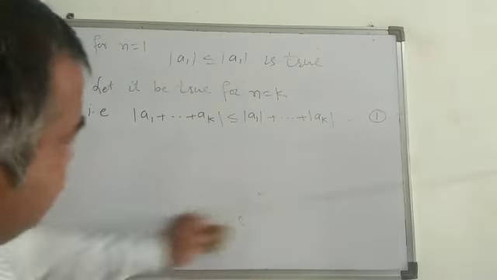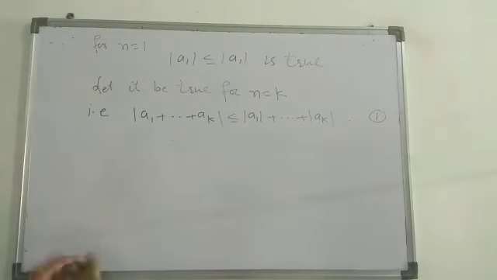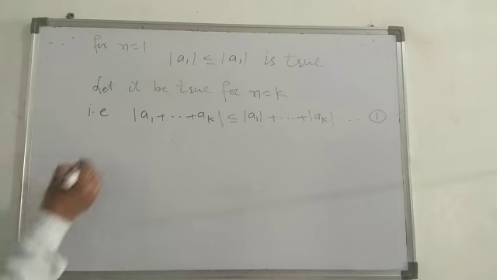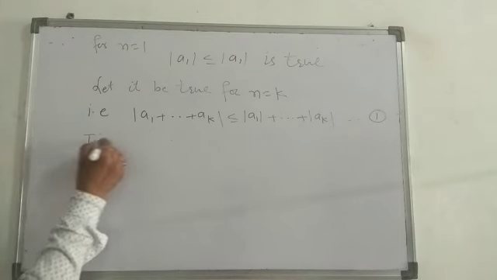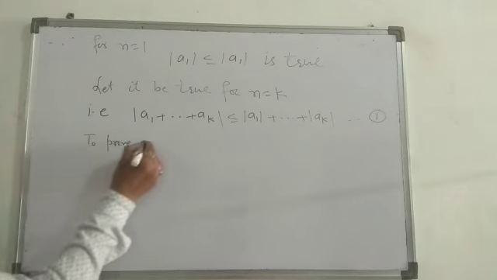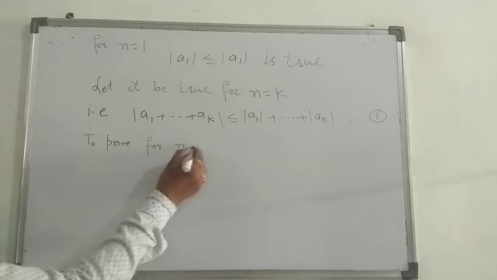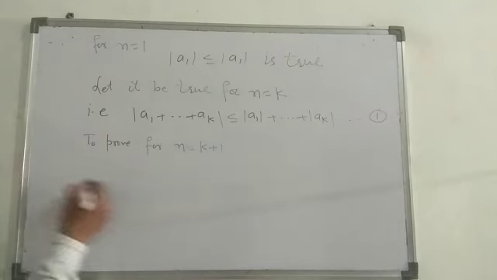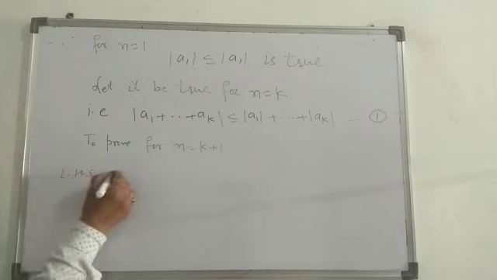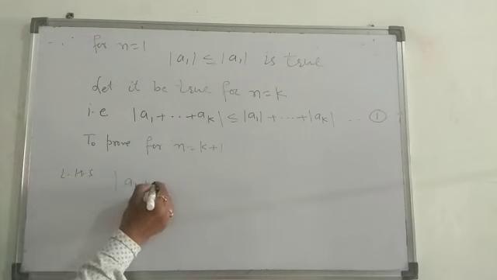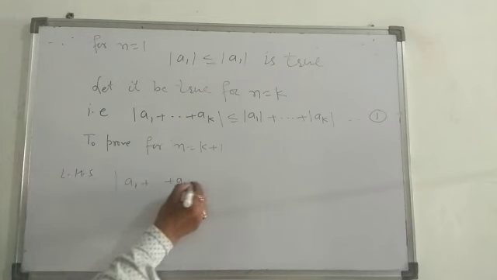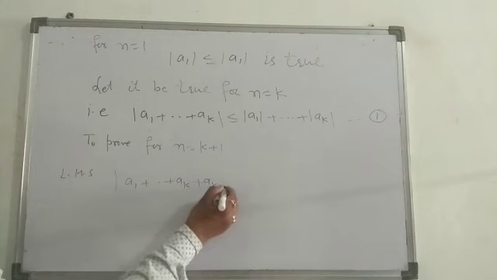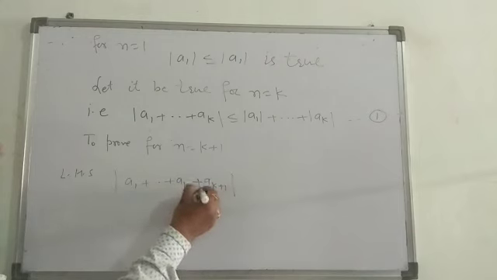In order to prove the result, what is the left-hand side? |a1 + a2 + ... + ak + a(k+1)|.